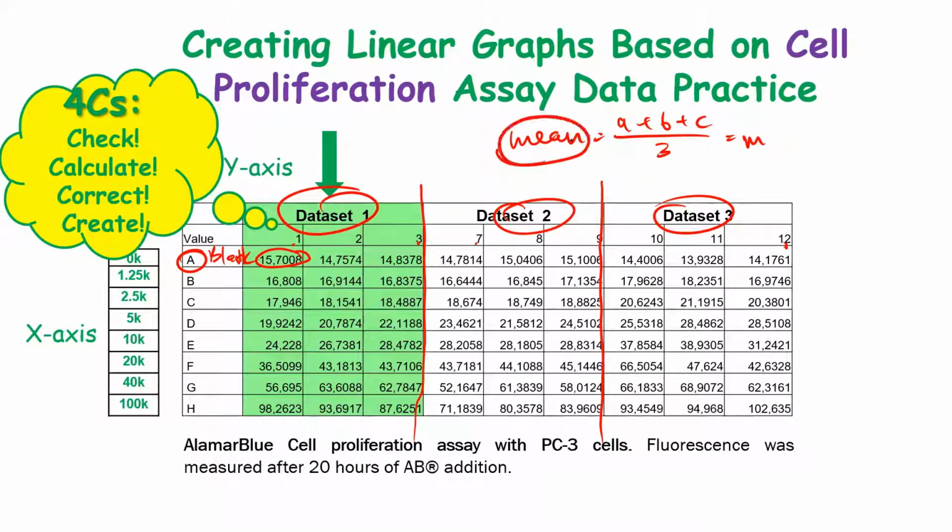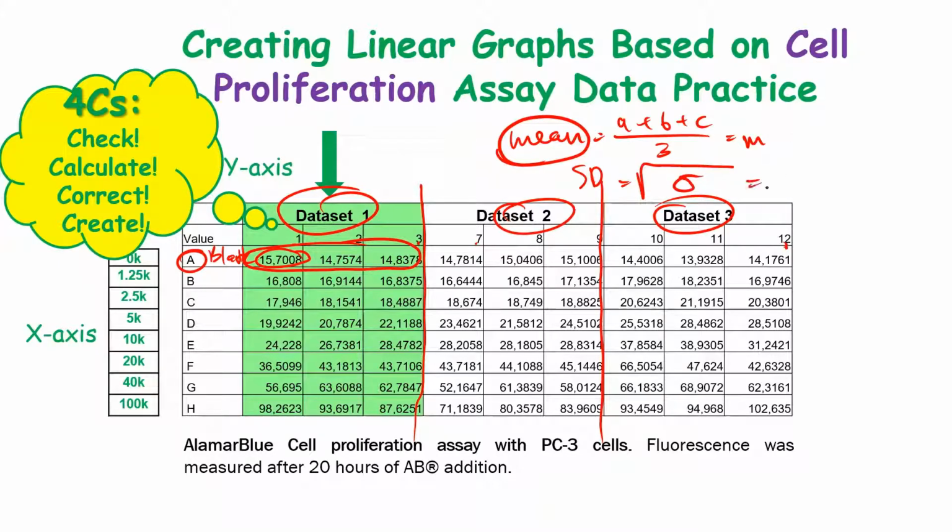After you identify the mean, you need to identify the standard deviation for this particular data set. So what is standard deviation here? It is the square root of your variance.